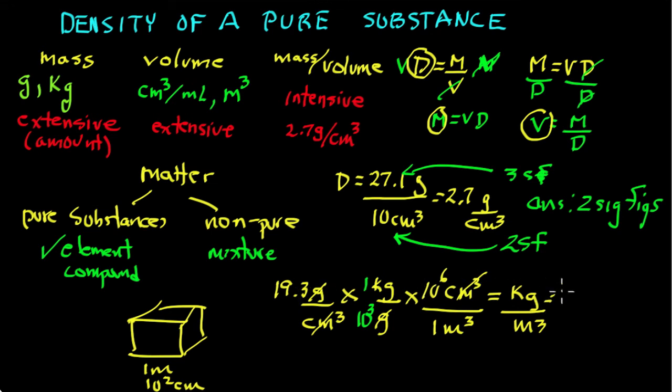I have 19.3 kilograms, 10 to the 6 divided by 10 to the 3, so 19.3 times 10 to the 3 kilograms per cubic meter, rushing at the end there. 19.3 times 10 to the 3 kilograms per cubic meter. Okay, we will stop right there.